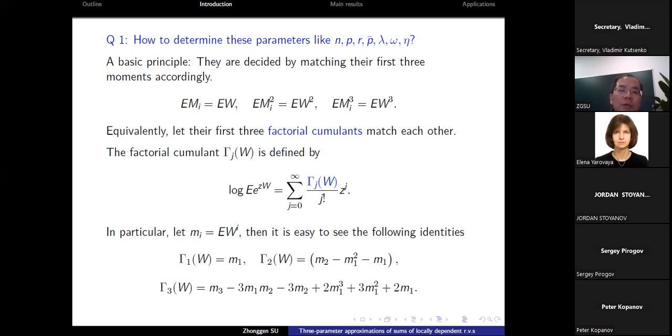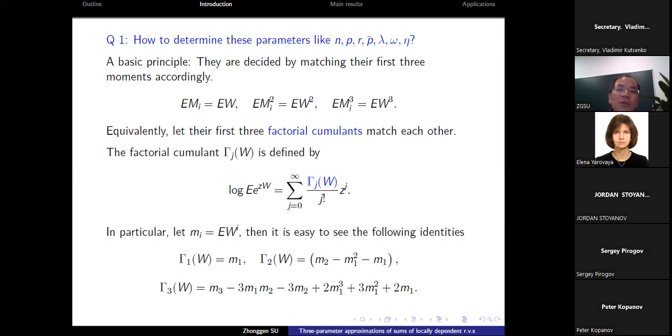That is to say, the first moment of Mi is equal to the first moment of W. The second moment of Mi is equal to the second moment of W. And the third moment of Mi is equal to the third moment of W. It is equivalent to let their first 3 factorial cumulants match each other, because it is easier to consider the factorial cumulants.